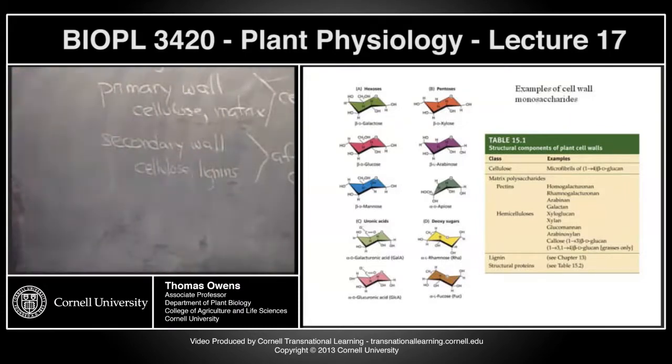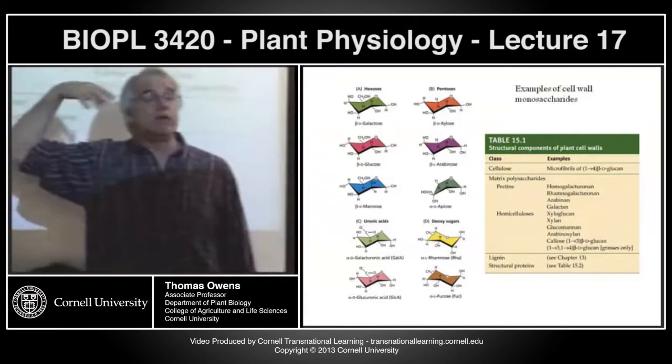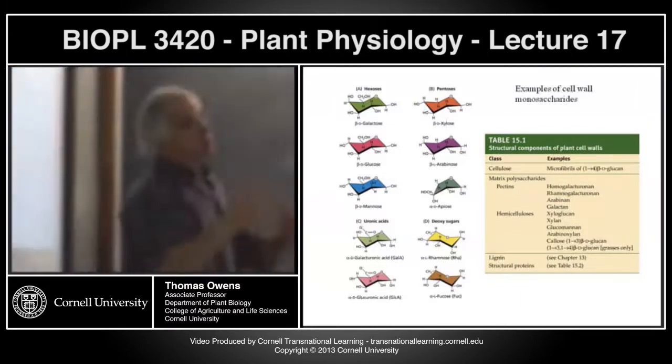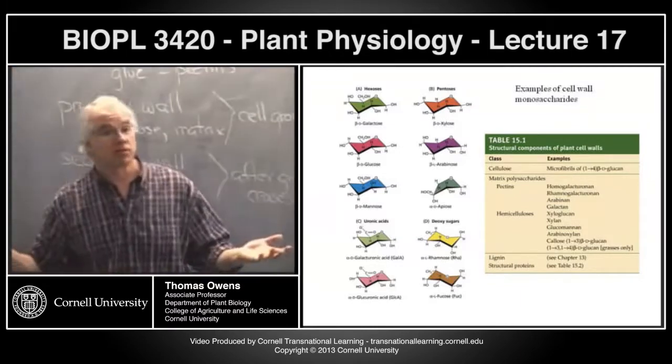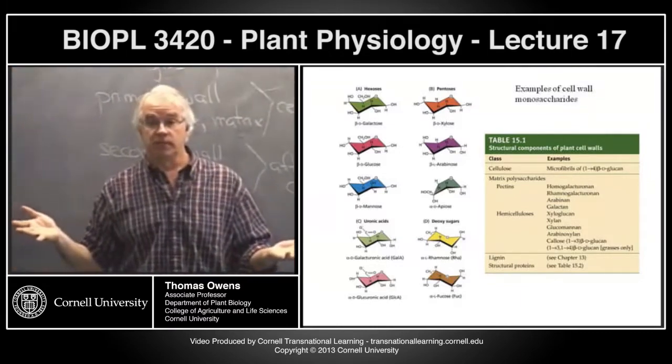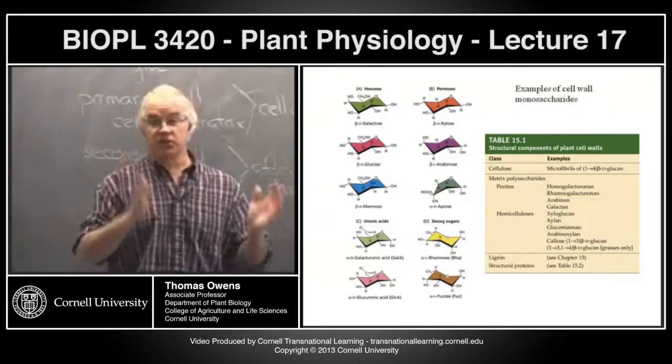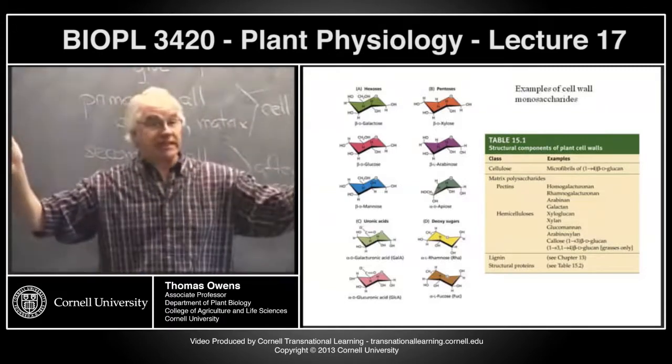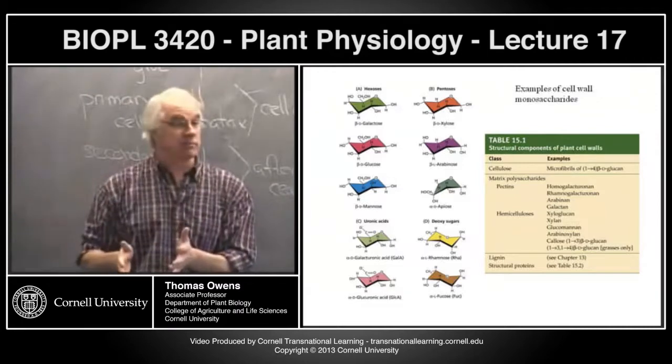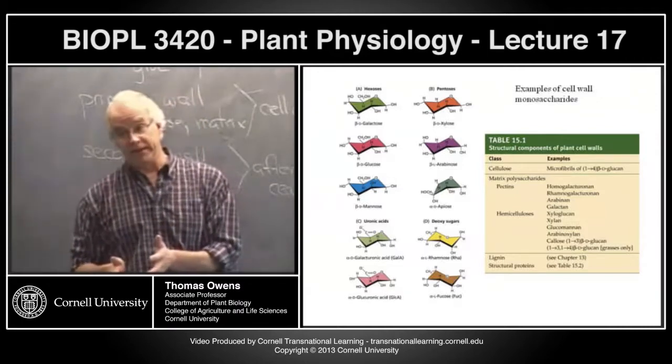So although some sugars will be found in all plants, so glucose is found in every plant cell wall, there are other types of sugars that are unique to a certain lineage of plants in the same way some secondary products are unique to them.